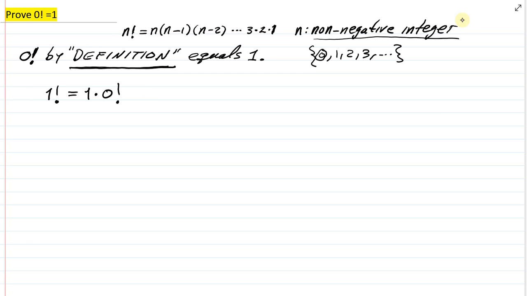So some students, and I've done this myself too in the past, have an issue with this. They say, well, you're trying to show 1 factorial equals 1 times 0 factorial. The question is, what is 0 factorial? So if I say 1 factorial is 1, that's how they prove this: 1 times 0 factorial, divide both sides by 1, and you get 0 factorial equals 1. And there you go. They say the proof is complete.